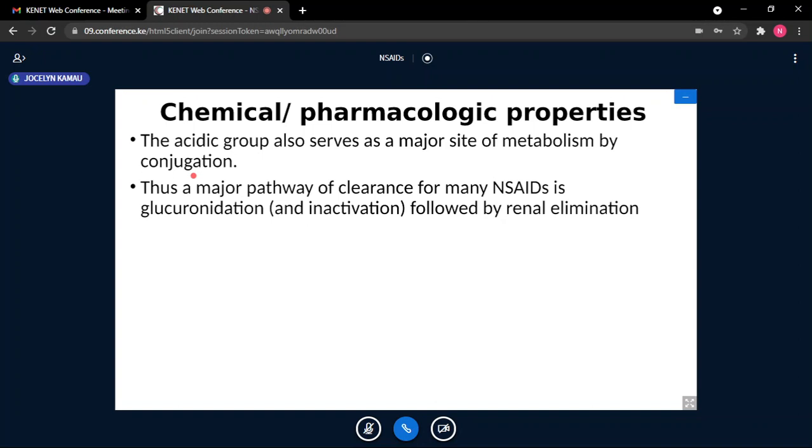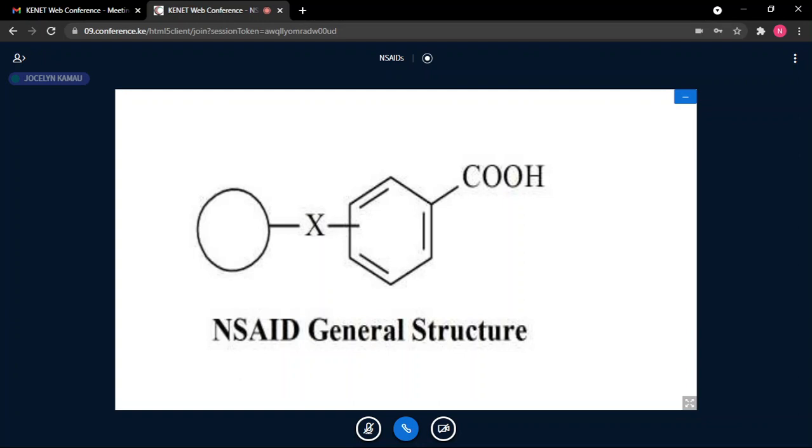It does not require that drug to undergo phase 1 metabolism because the carboxylic group is available. It will undergo glucuronic conjugation. Once you get glucuronic conjugation, the drug is highly water soluble, out it goes. And therefore, some of those drugs can have a short duration of action because of the presence of that group. And that group also binds plasma proteins, as we have said, causing allergenicity or even drug interactions.